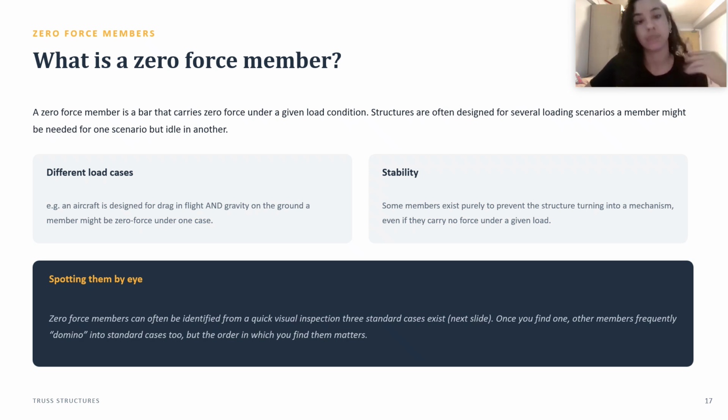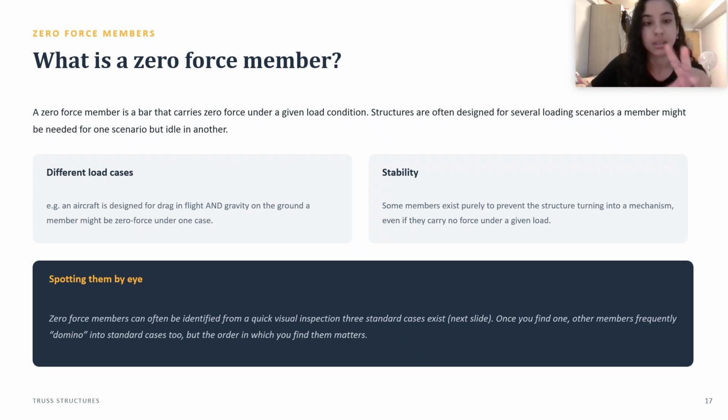Sometimes you've got some members that prevent the structure turning into a mechanism. You might have a structure where it has a member that does not have any force. You might think, okay, you could remove it. Well, when you're solving for it, you could remove it, yes, but the reason it's there is so that it doesn't move.